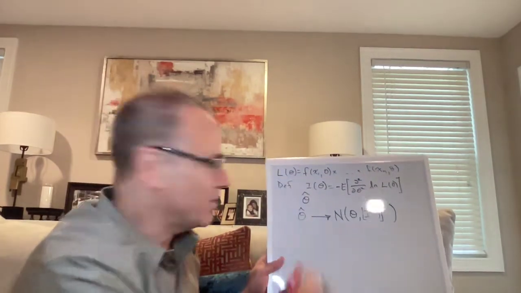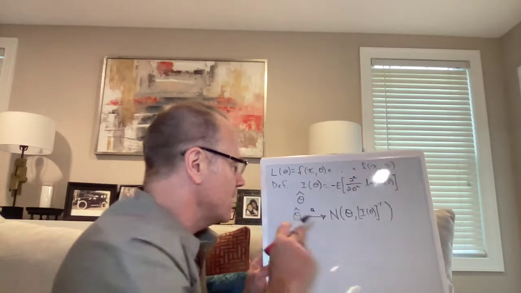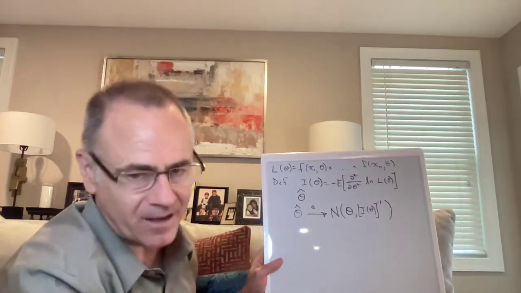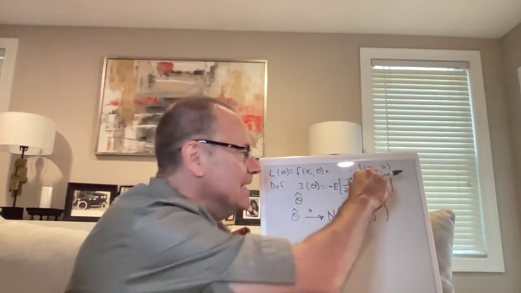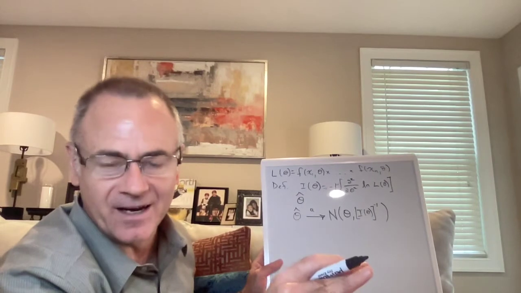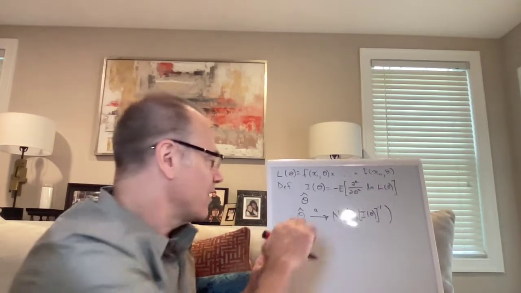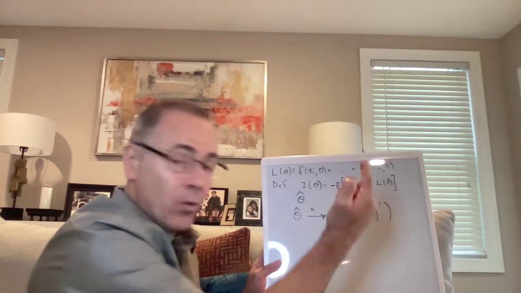Okay, and by the way, put an A here. So that means theta hat is asymptotically distributed. That means in the limit, as n approaches infinity, so as we get infinite data, theta hat is going to be distributed normal.